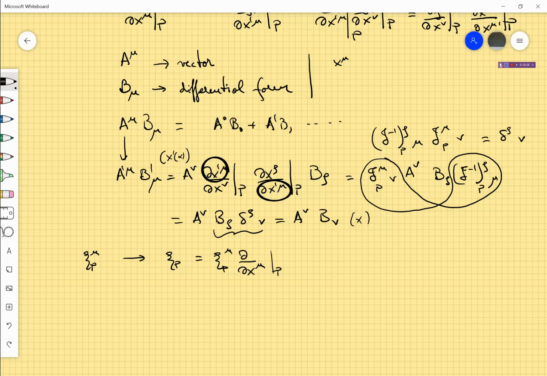The difference is that these are components. They will be different in each coordinate system, while this operator is really an intrinsic object. It is something independent of coordinates.